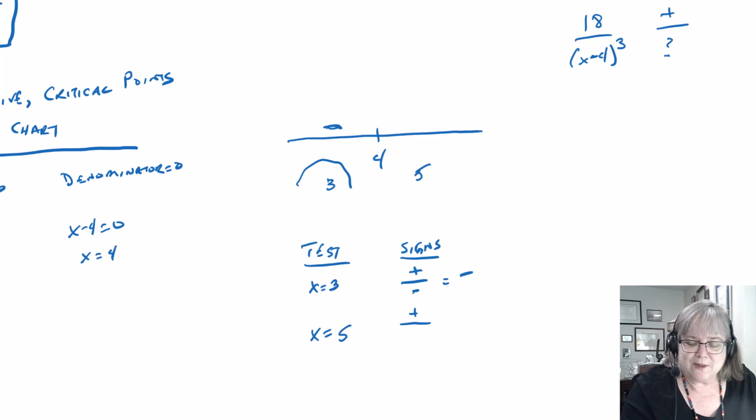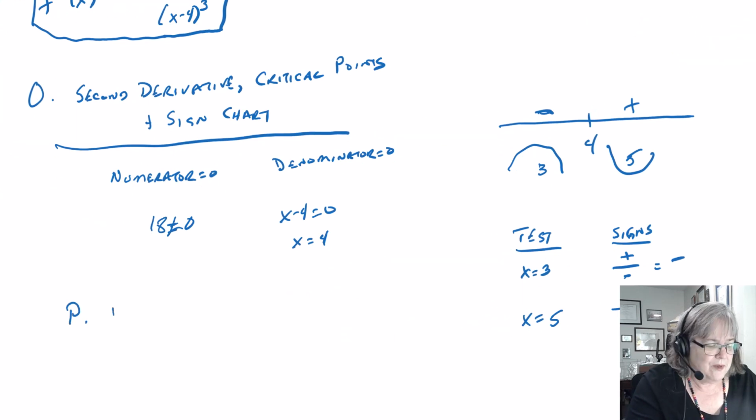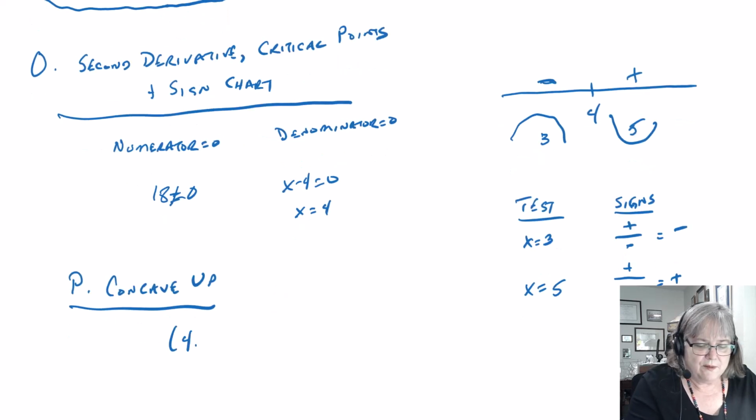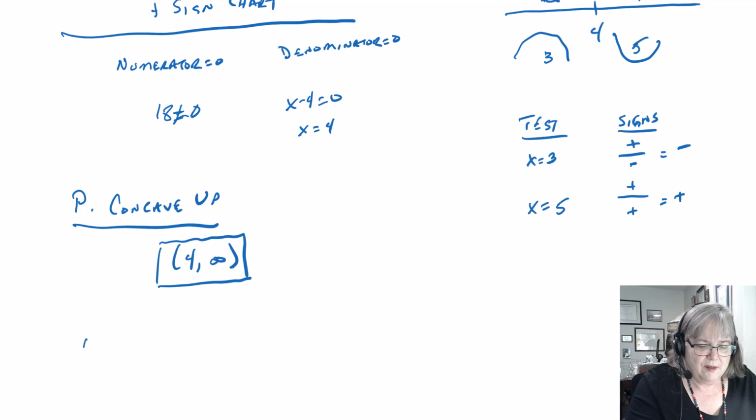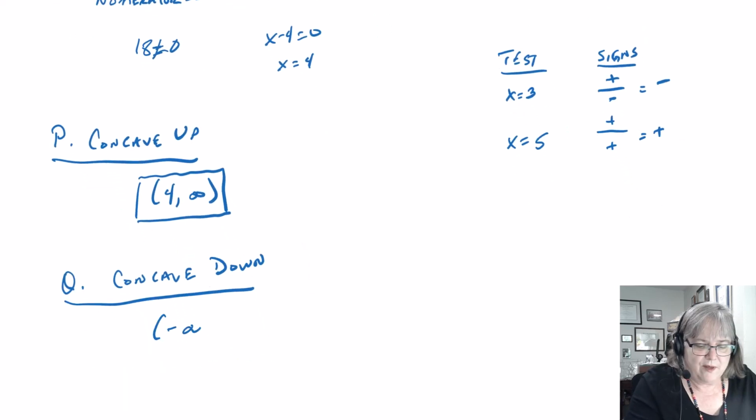So 5 minus 4 is positive. Positive cubed is still positive, so this is positive. So this is concave up. Okay. So where is it concave up? From 4 to infinity. Where is it concave down? From negative infinity to 4.